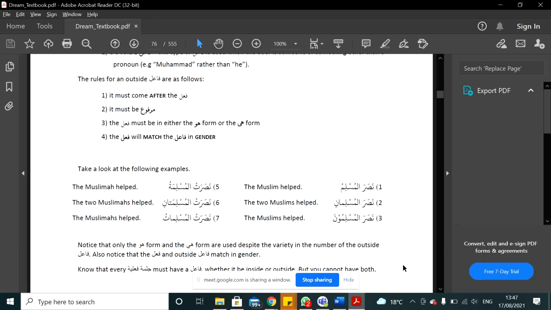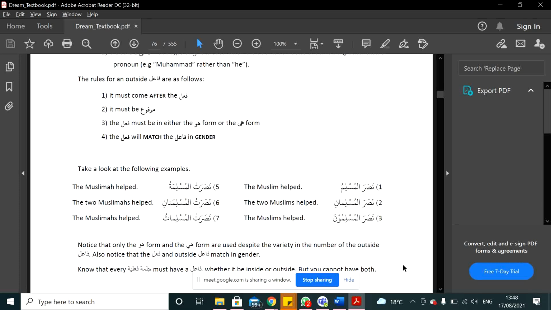But since the doer can be singular, dual, or plural, we have either a singular, dual, or plural doer in masculine or feminine form, right? But no matter what the number of the fa'il is, the fi'l will remain in hua form for masculine or hiya form for feminine.